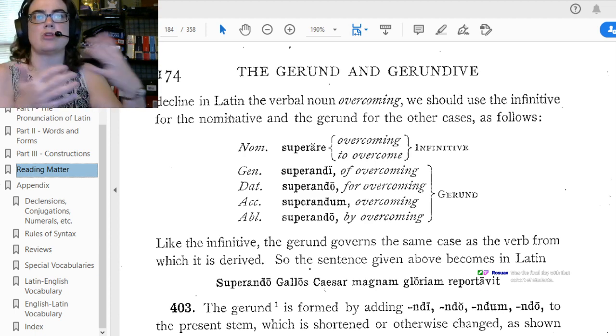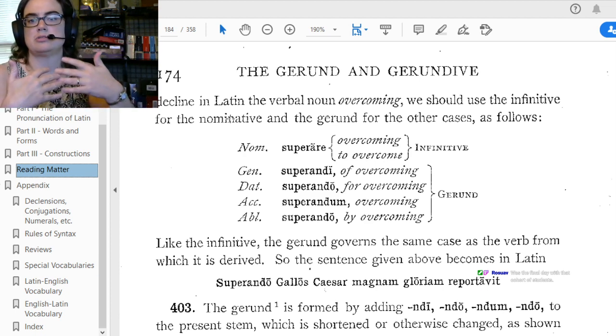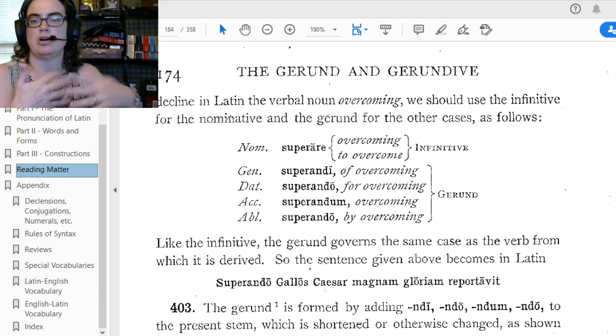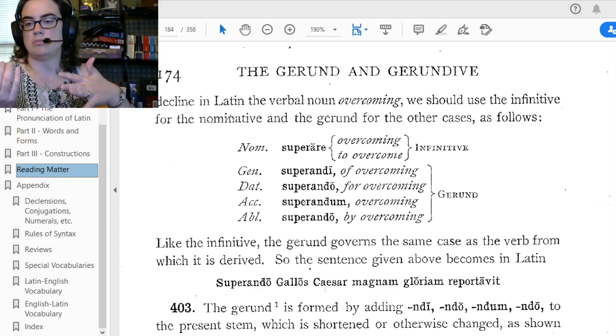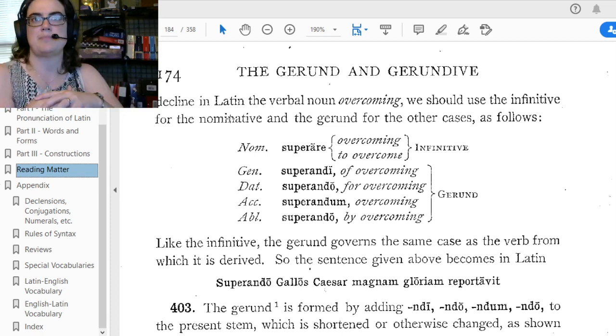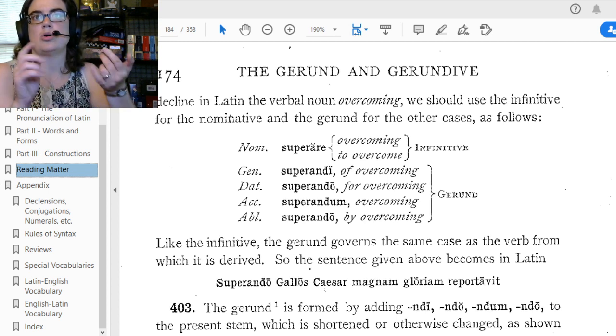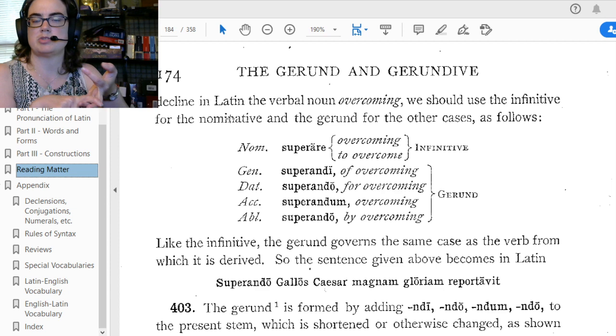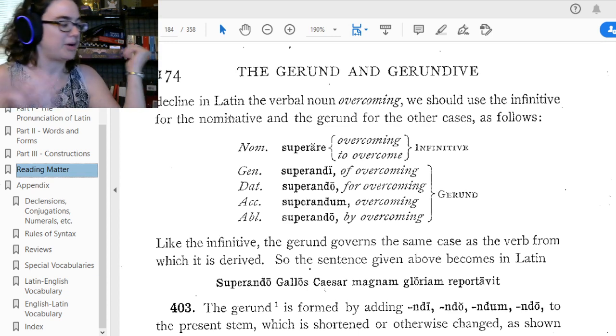And so for superare, which is a first conjugation verb, you would have superandum for the nominative, but we don't use a nominative, we just use the infinitive for that. And then superandi, o. So of overcoming, for overcoming, overcoming as a direct object, which sometimes uses the infinitive, and by overcoming, or any other ablative use for that matter.